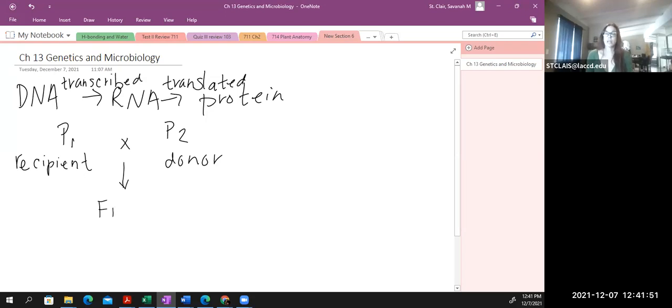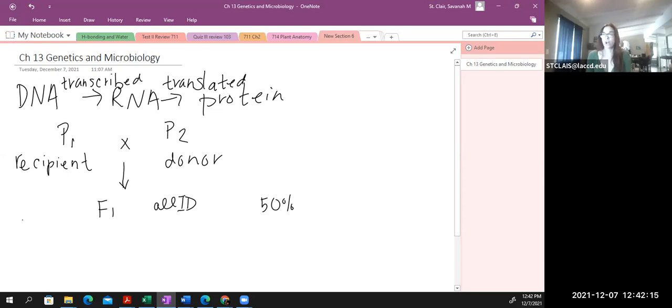And each parent is going to contribute half. So we'll wind up having 50% of the genetic information coming from parent 1 and 50% from parent 2. And remember that these are also going to be all identical to one another.